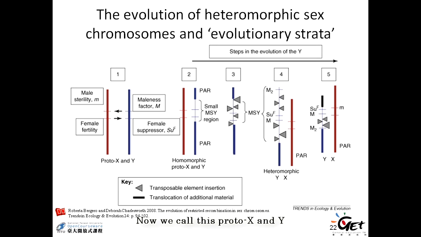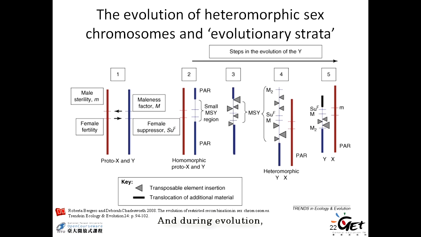Now we call this the proto X and Y. The characteristic of the proto X and Y is the sex determination factors, sometimes in combination with, for example, male sterility and female fertility. It means only the homozygous proto X chromosome can produce the female, but the proto X and Y together produce the male.